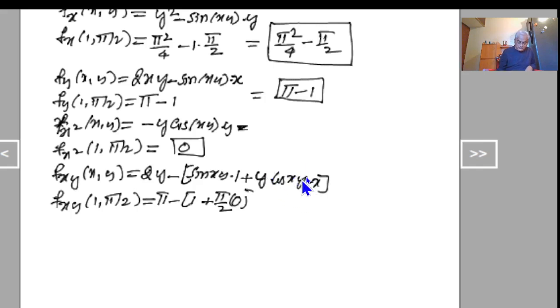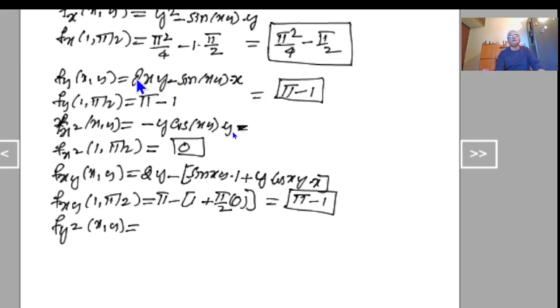So the second term is equal to 0. So this is equal to pi minus 1. Then what about fy square of x comma y? This is equal to differentiating fy, which is here. This is my fy. I have to differentiate this partially with respect to y again.